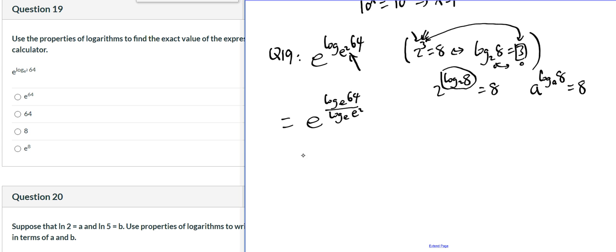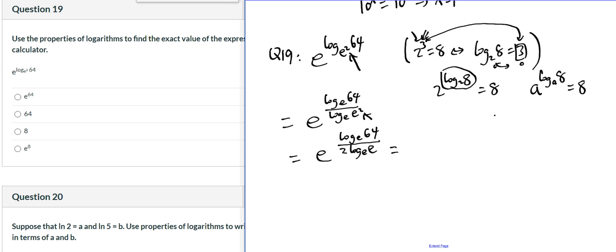Now look, here this exponent can move down to the front. So you will have log base e of 64 over 2 times log base e of e. And then what do we get? Again, log base e of e is 1.